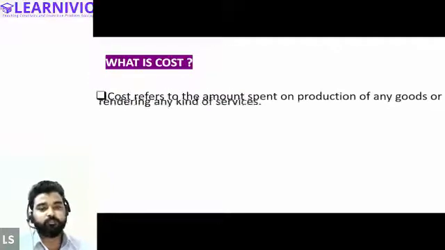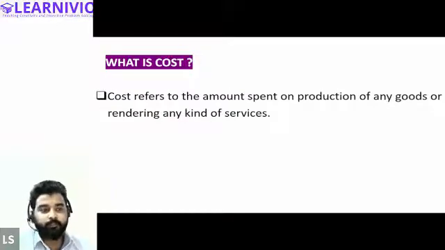So in this chapter, in the previous classes, we have discussed the meaning of cost, wherein I have explained that cost refers to the amount spent on production of any kind of goods or services. As a producer, whatever you are producing, or if you are rendering any kind of services, you require resources, right?